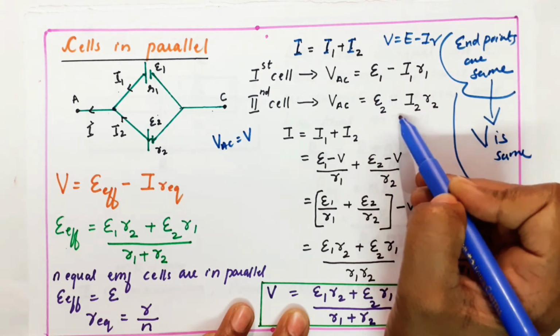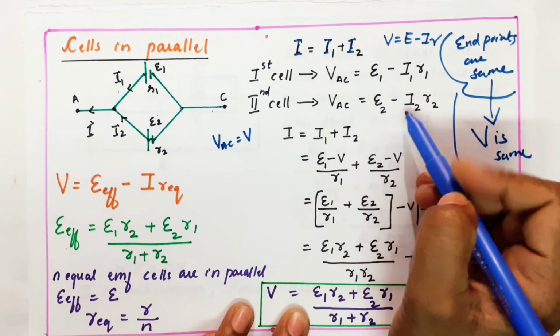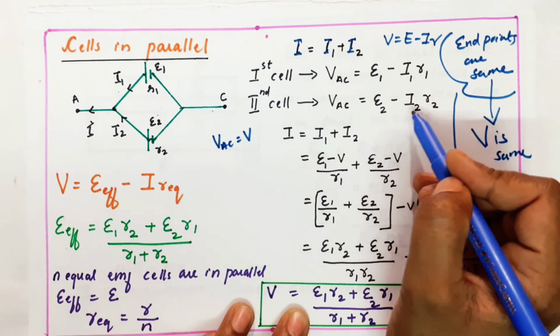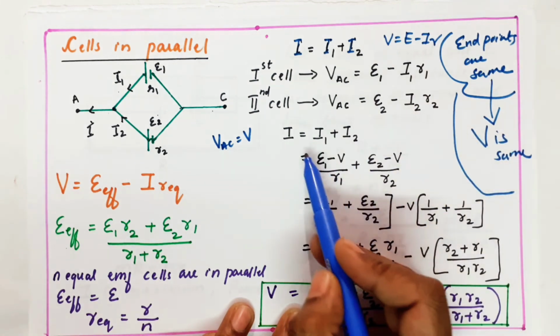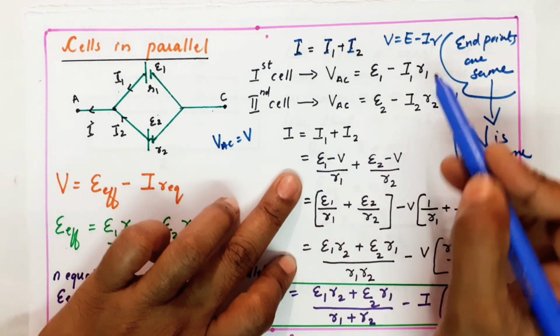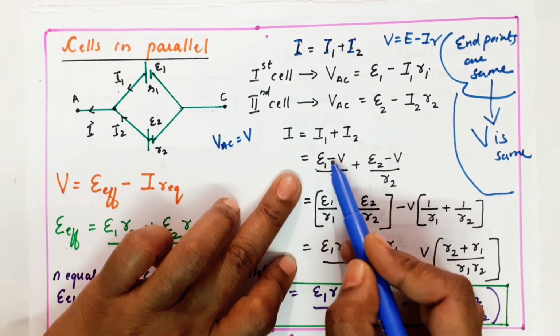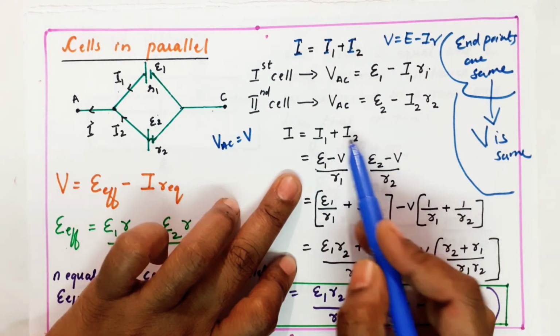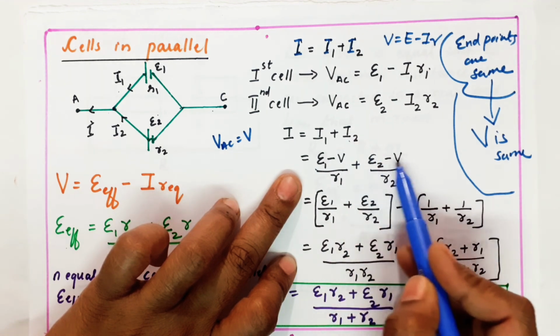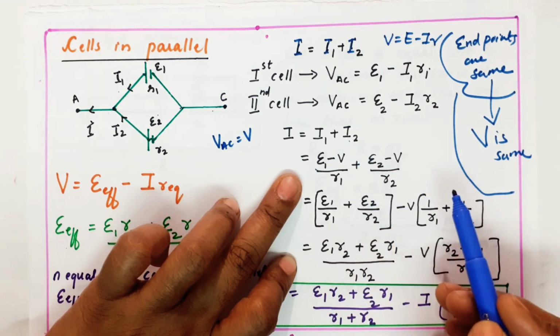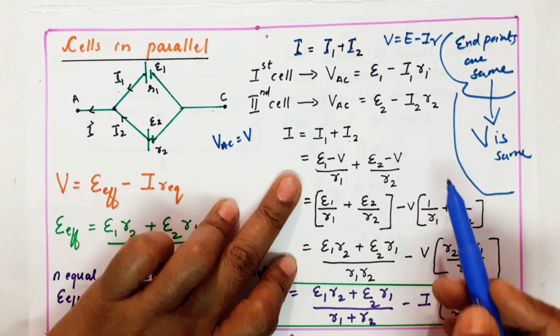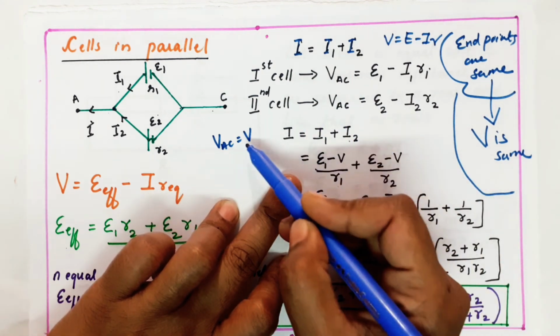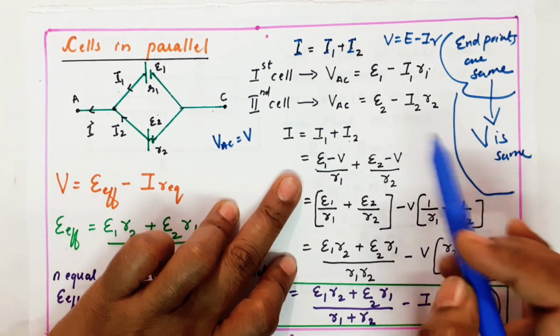For the second equation, I can write I2 as E2 minus V by R2. Clear? Instead of writing VAC, I put V. That is the only difference I made.